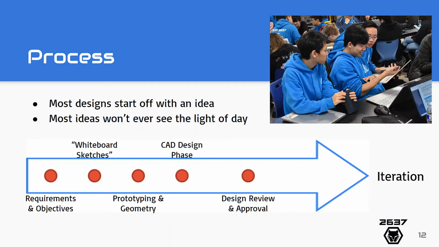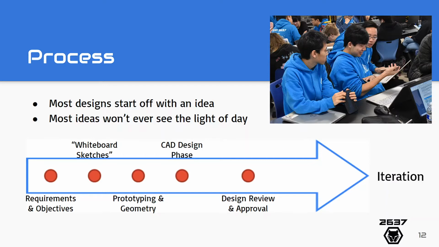And then you'd go through the CAD design process. This could take weeks. If you're on a time constraint, obviously you want to hurry up. But eventually, you're going to have a design review or multiple design reviews, and you're going to get the approval, hopefully, for your mechanism. And once you have that, you're going to manufacture it, test it, apply the electrical wiring, apply the controls logic, and eventually iterate on that mechanism.